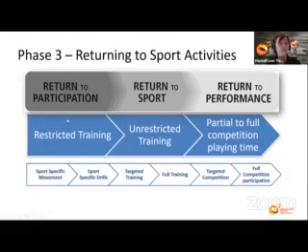So when we say you're ready to return to participation phase, it means that the training is considered restricted. There will likely be a big portion of the training activities that this athlete may not be ready to participate in, but there are some simple activities that the athlete could start to participate in.